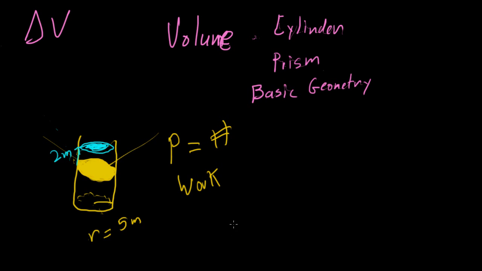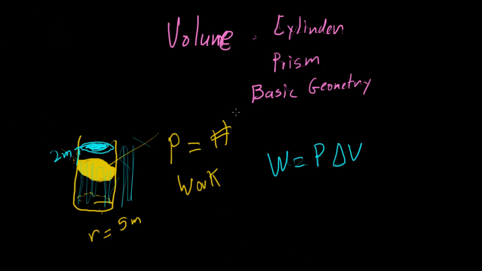Okay, and we want the work, so work just equals P delta V. Well, we don't actually need to find this volume and then the whole volume, right? We want the change in volume. Well, the change in volume is just going to be this much.